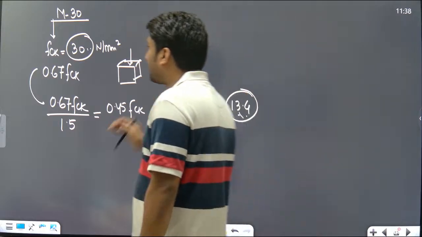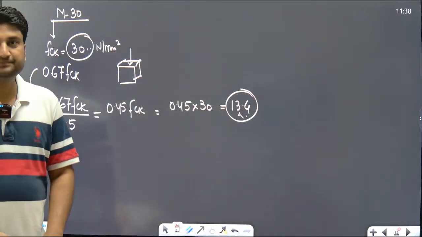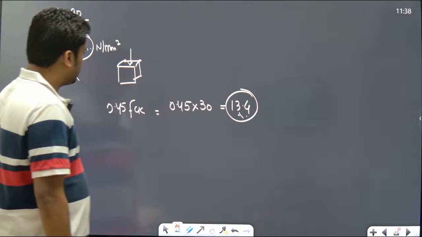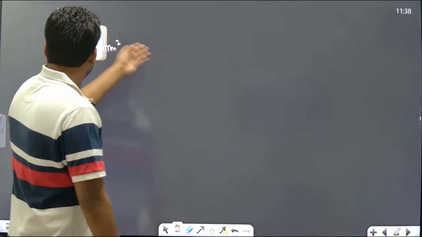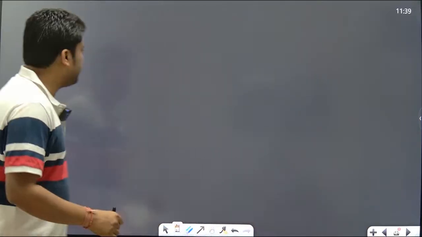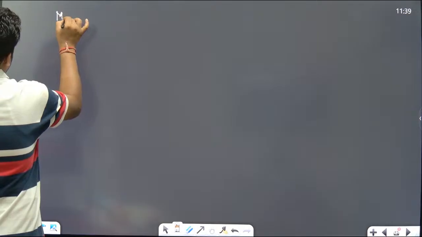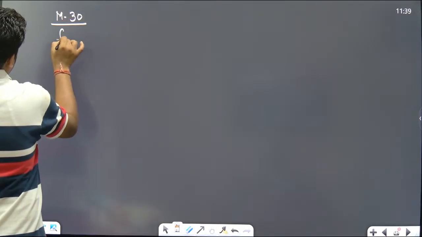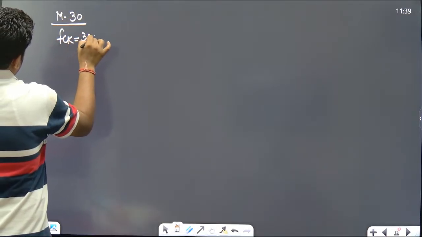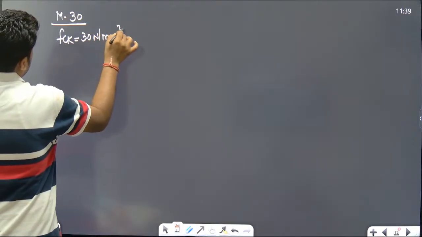Also, you can see now in working stress method, if let us suppose I have taken M30 grade of concrete, FCK is 30 Newton per mm square. So what are the permissible values?